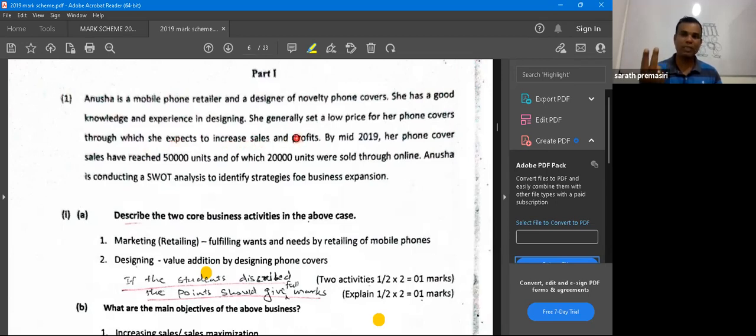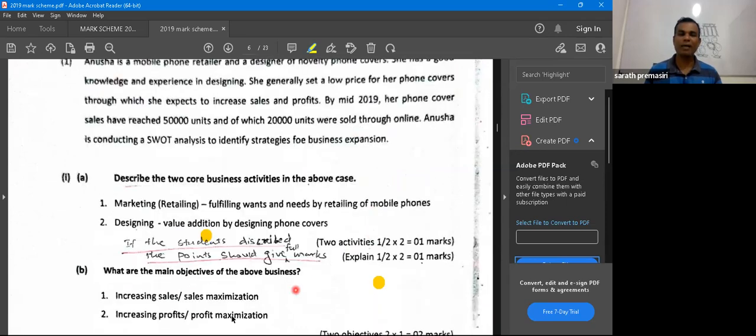Then there are two objectives: increasing profit, increasing sales. Her phone cover sales have reached 50,000 units, of which 20,000 units are sold online. You see, online trading is a strength of her business. And then Anusha is conducting SWOT analysis to identify strategies for business expansion. Business expansion is another objective of Anusha.